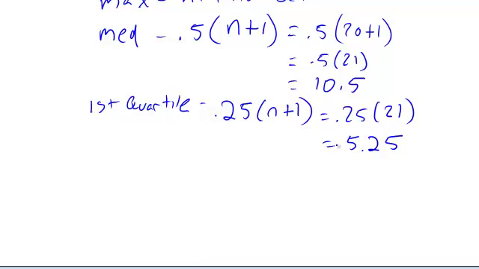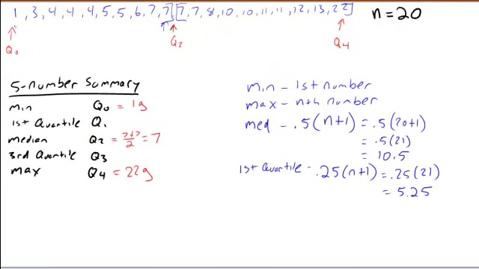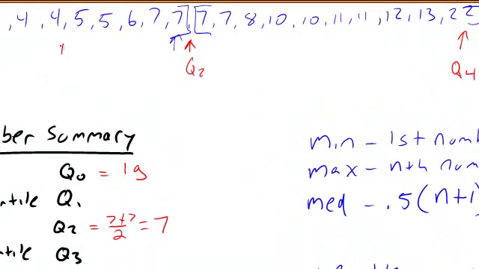So I'm going to count over 5 and a quarter: 1, 2, 3, 4, 5, and a little bit. So right here is going to be my quartile 1. Again, I'm between these two numbers, so I add 4 plus 5 divided by 2 and take the average of the two. 4 and 5 is 9, and 9 divided by 2 is 4.5.